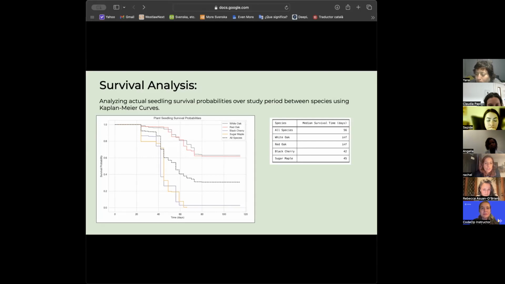And what it sort of showed or suggested, again, reflecting what we've been talking about before, are higher survival probabilities for the oaks compared to the maple and the cherry.